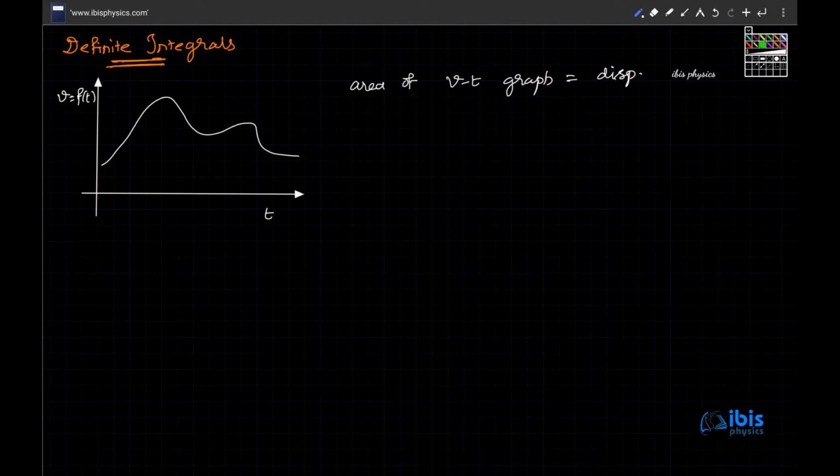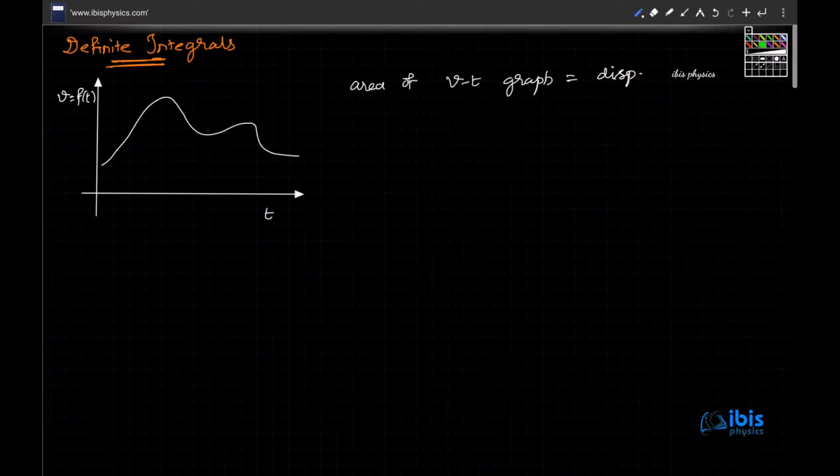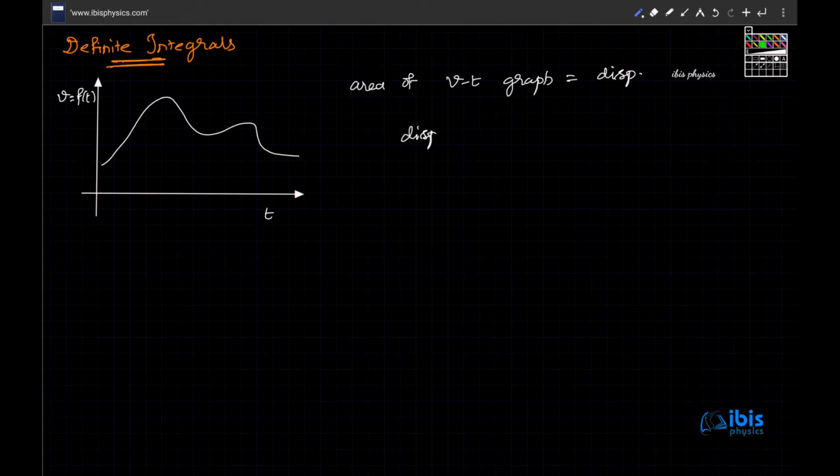Suppose we are not interested in the overall displacement of the object. Suppose we want to find the displacement of the object between the second second and the third second. That means at the second second the velocity of the object is here, and in the third second the object is here.